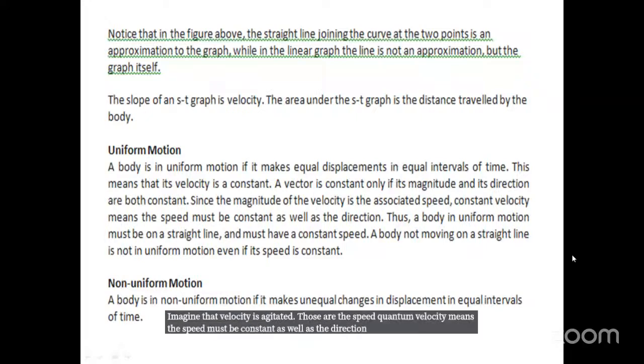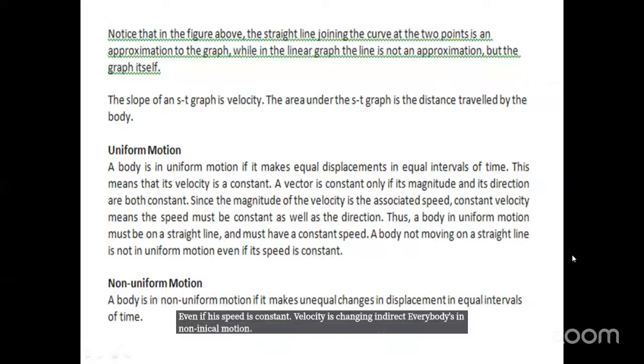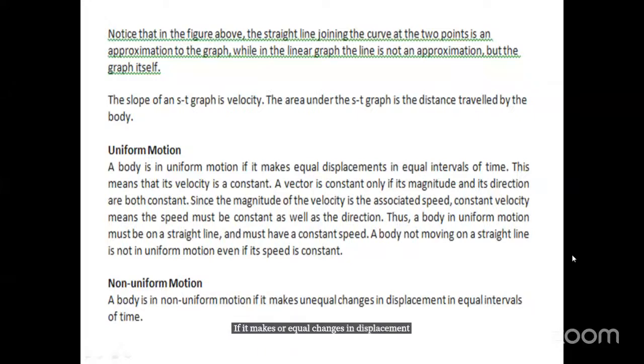Thus, a body in uniform motion must be on a straight line and must have a constant speed. A body not moving on a straight line is not in uniform motion, even if its speed is constant, because the velocity is changing in direction. A body is in non-uniform motion if it makes unequal changes in displacement in equal intervals of time.